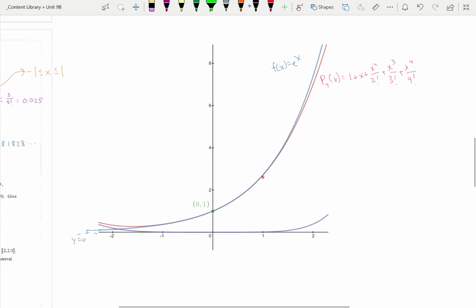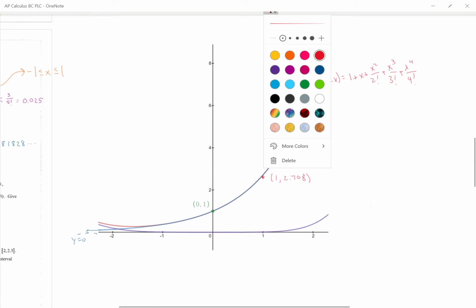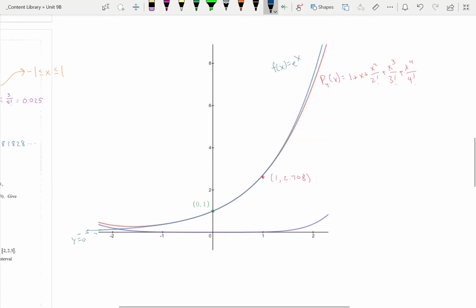That point was the point 1 comma 2.708, I believe it was, or so. And we noticed that was very close to e. In other words, when we evaluated f of x at x equals 1, we got 1 comma e, right? So that blue dot and that red dot are very, very close to each other.